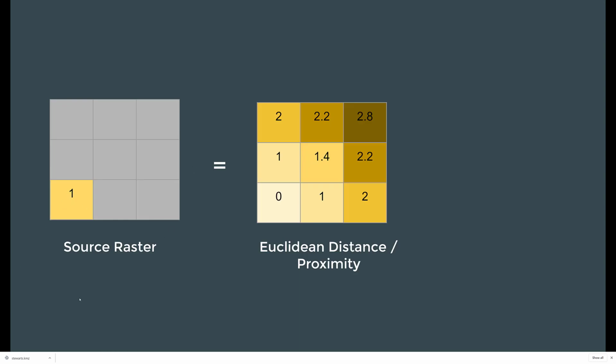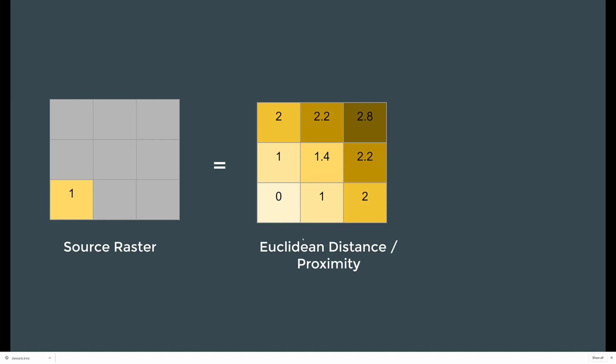Our input to proximity functions in QGIS is a source raster, where our sources, or the input data that we want to find distances away from, have a value, which could be any value, and all the other grid cells in that raster contain no data.